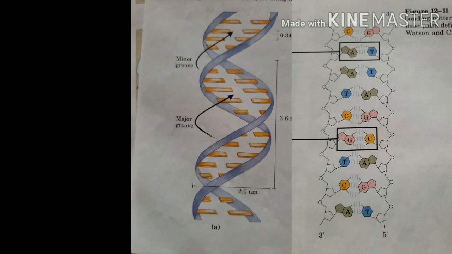On the 5' carbon, a phosphate forms a phosphodiester bond, and that is the end point of a DNA. No more nucleotide is there at the 5' end, and at the 3' end also there is a hydroxyl group and no more nucleotide is there. So the 5' end lacks a nucleotide and the 3' end also lacks a nucleotide at the 3' position.